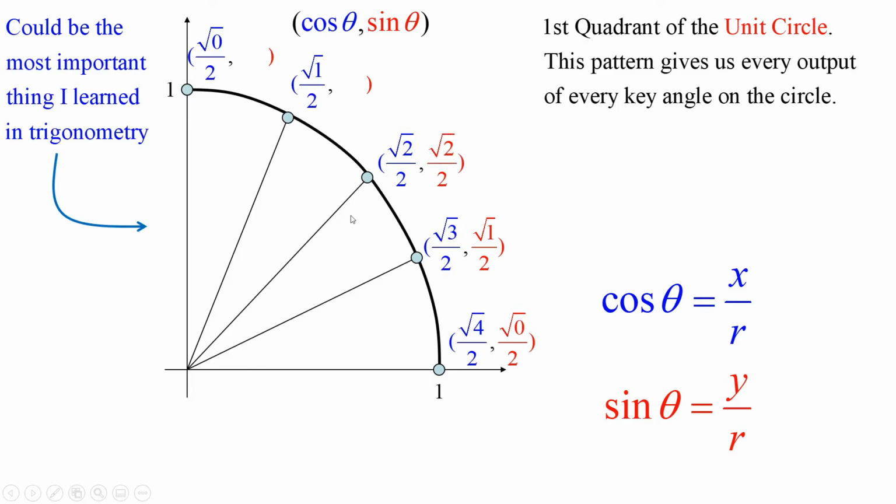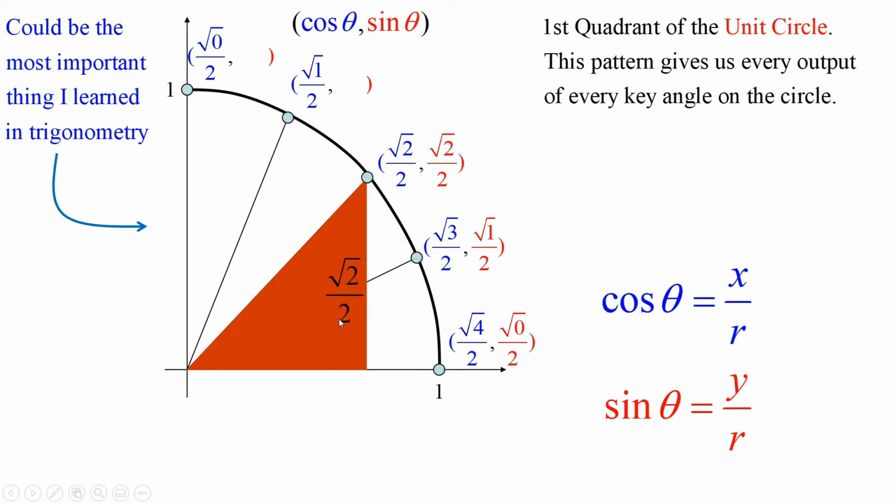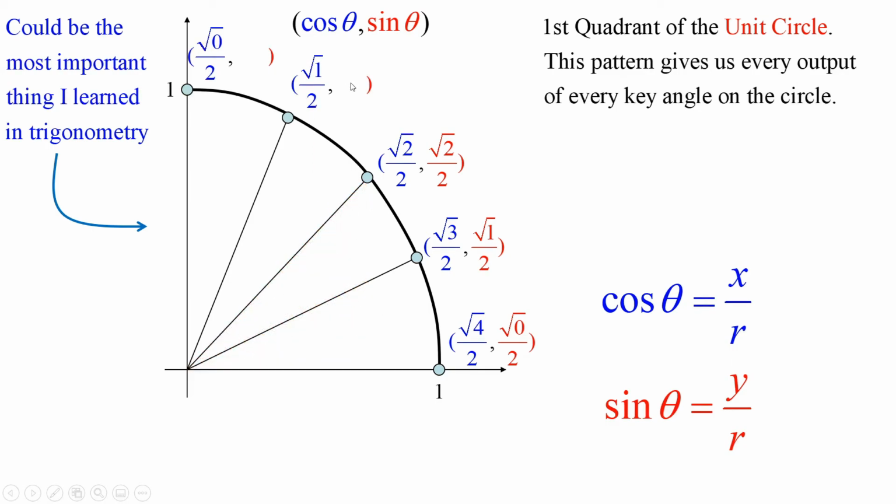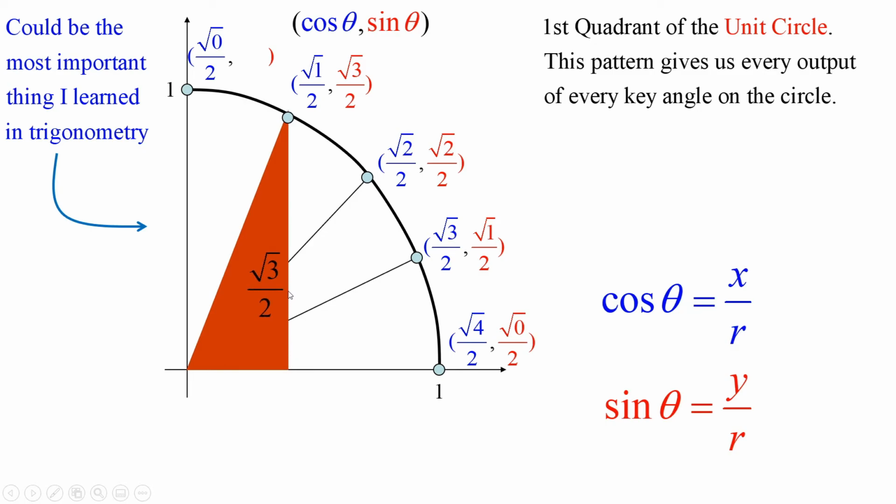That's right. Look at your quadrant 1 right triangle. This height is exactly root 2 over 2. Then we go here, and yeah, you're right, root 3 over 2. That's because this right triangle's height, had I drawn it perfectly, is root 3 over 2.